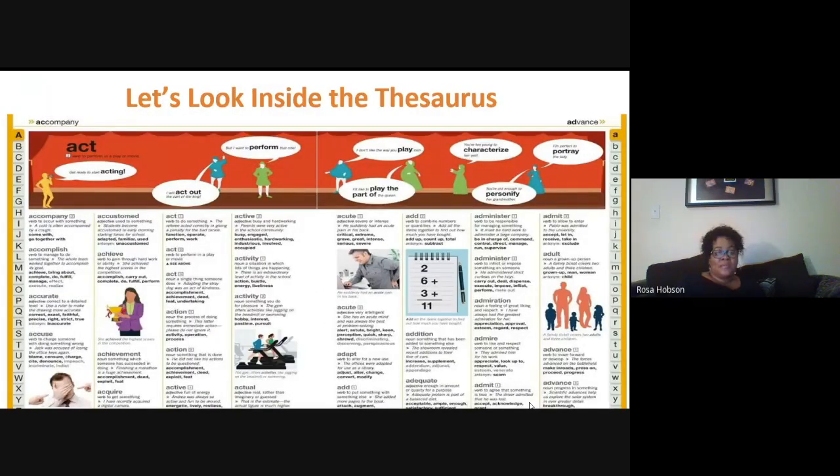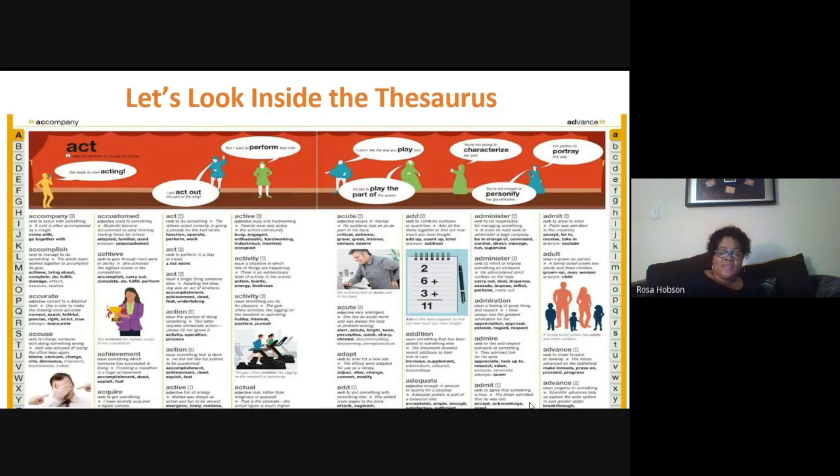Now we're going to take a look inside of a page from a thesaurus. On this page, you see the guide words, accompany and advance. Accompany is the very first word on the page, and advance is the last word on the page.